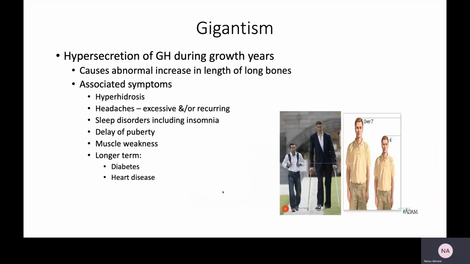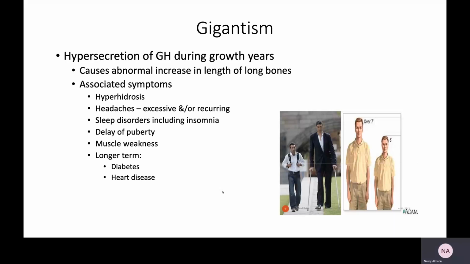On the opposite scale of that is gigantism, which is hypersecretion of GH while the growth plates are open. That will trigger an abnormal increase in the length of bones. There are a slew of additional symptoms: hyperhidrosis, headaches, sleep disorders, delay of puberty, muscle weakness, and over the long term, diabetes and heart disease.